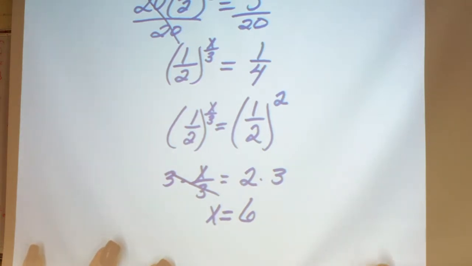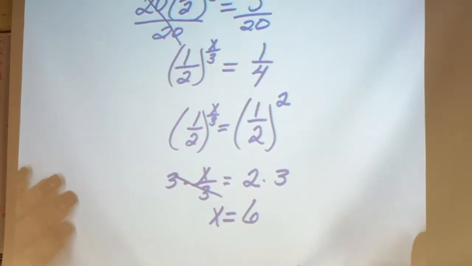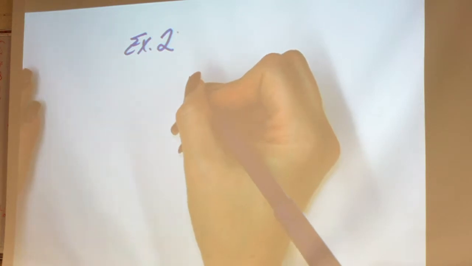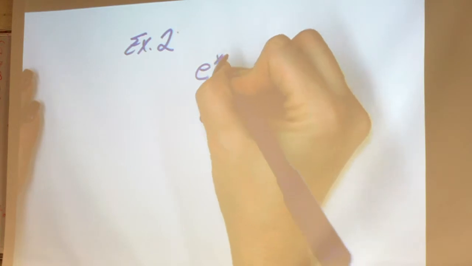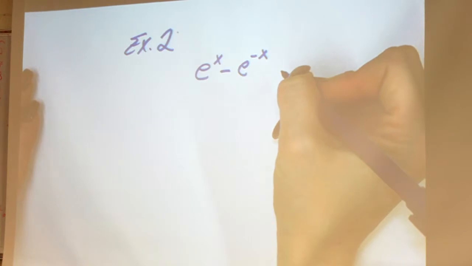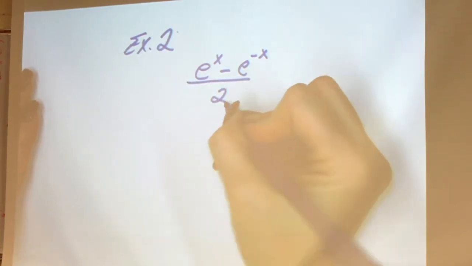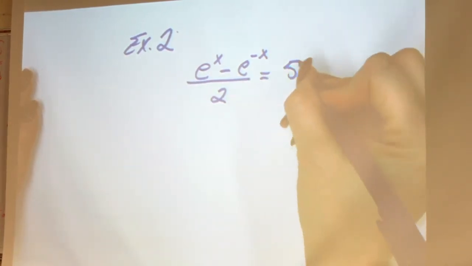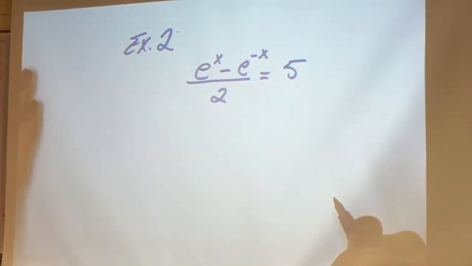That's the first equation. Let's try another example. Example 2. This time we're going to have e raised to the x subtract e raised to the negative x, divided by 2, is equal to 5. This time, we're going to solve it graphically.